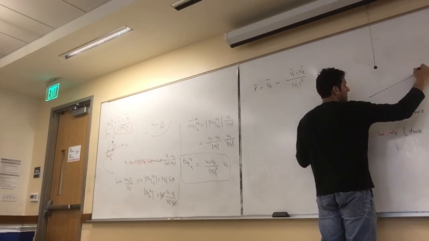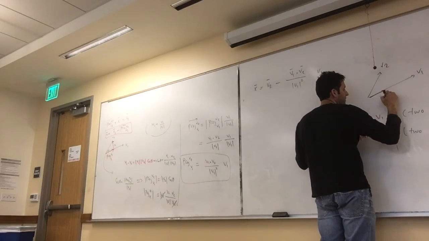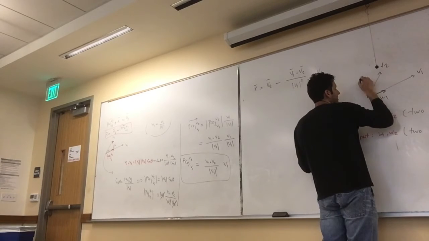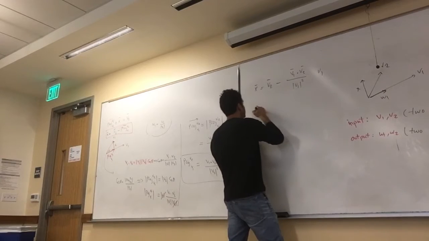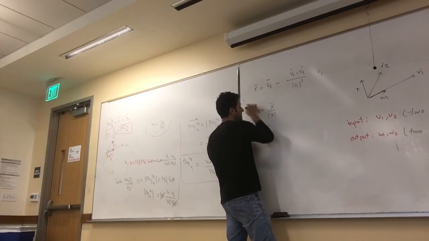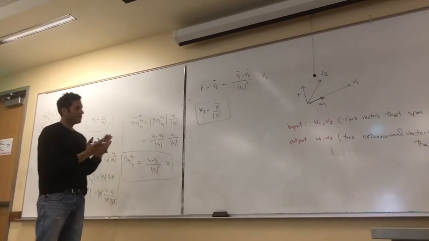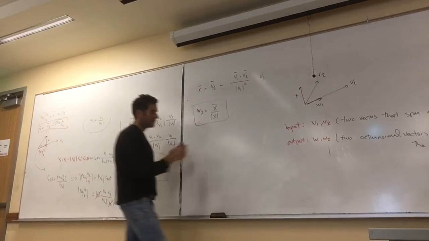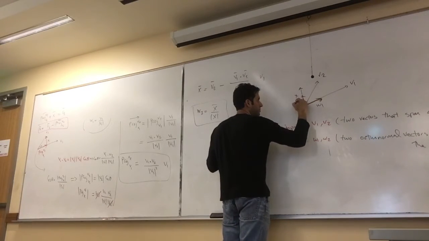I found this is V1, this is V2, I have my W1, right? And I have this x, and all I have to do is W2 is just my x over the length of x. And that's how I find my second vector that goes up. So I can find this W1 is here, and this W2 is there.